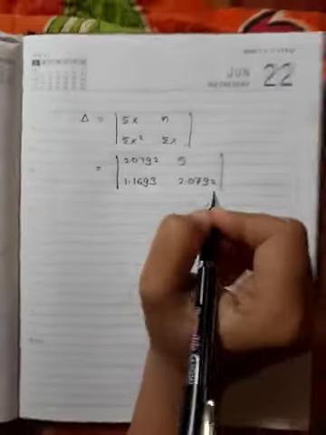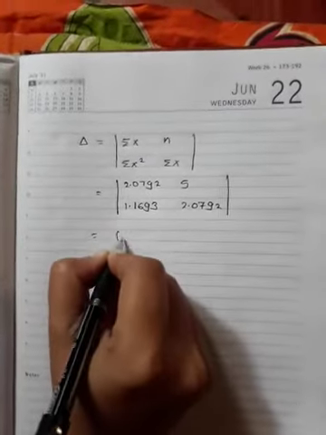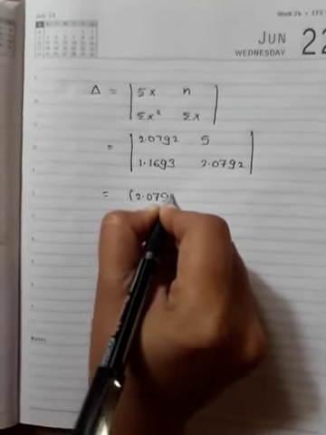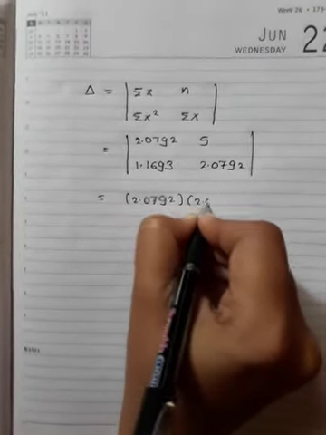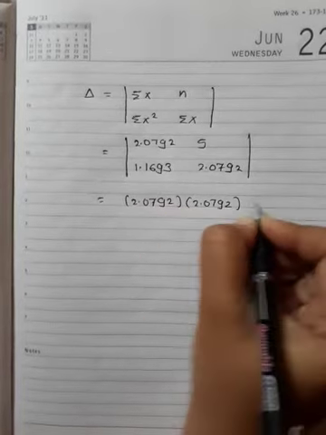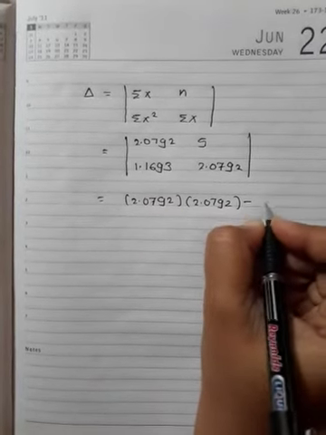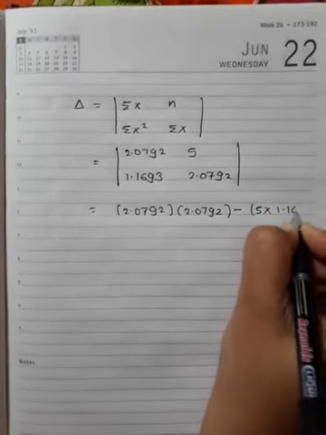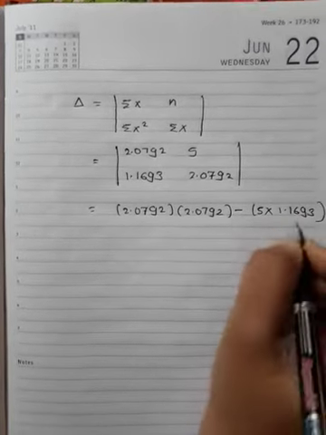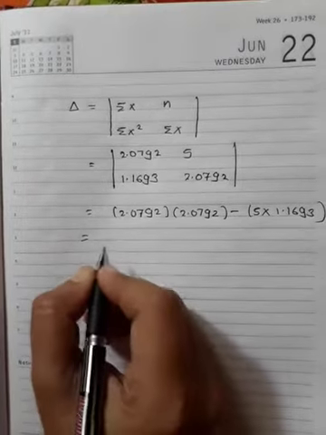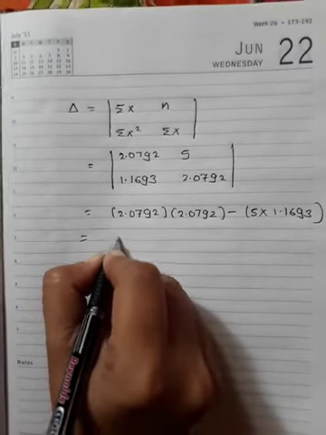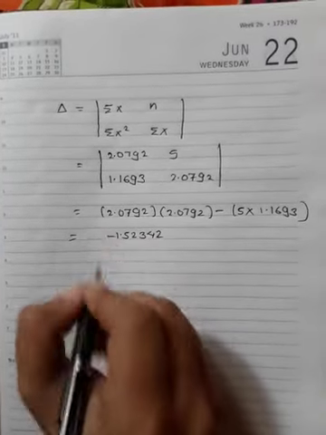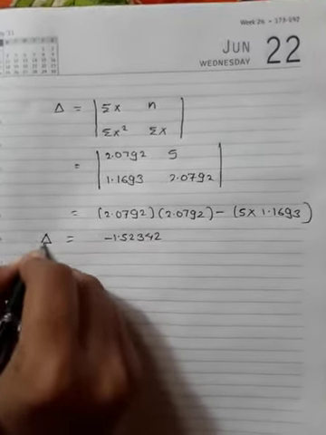So you have to solve this determinant. You have to take the cross multiplication, 2.0792 into 2.0792 minus 5 into 1.1693. Solving this, you will get the final answer as minus 1.52342. So in this way we are going to calculate delta.